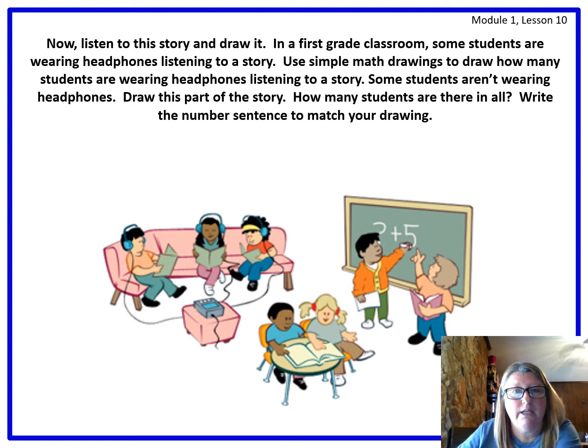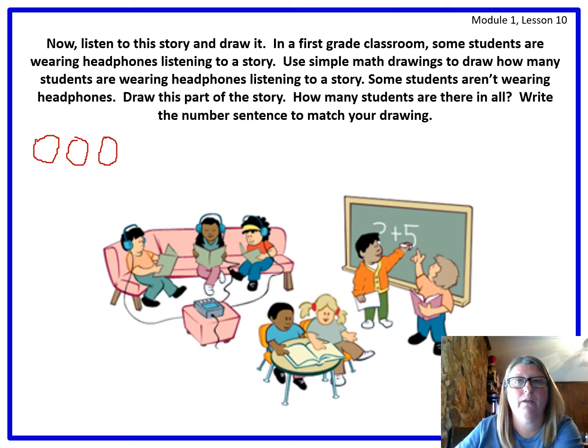So let's see in our picture how many students are wearing headphones. I see 1, 2, 3. So I'm going to draw 3 circles. And if you have your whiteboard, you can draw 3 circles.